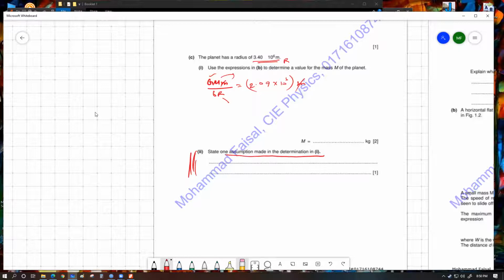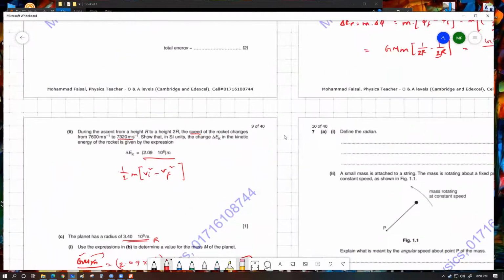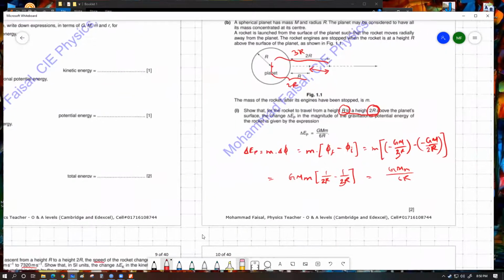State one assumption made in the determination of one. What is the assumption made in the determination of one? Well, the assumption here is that the total GP gain was provided from the total K provided, which means this entire system that is built up considering the planet and the rocket was considered to be an isolated system.